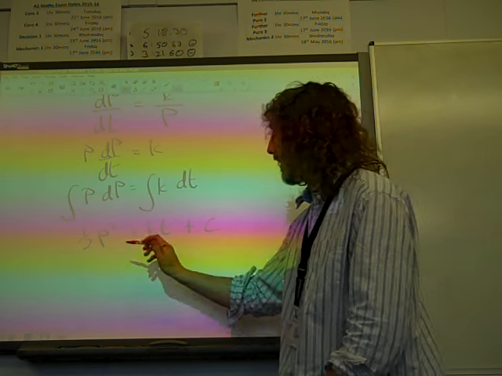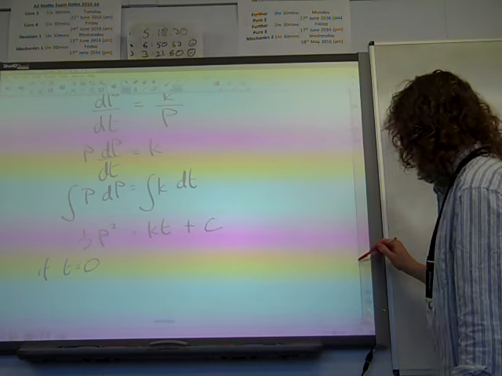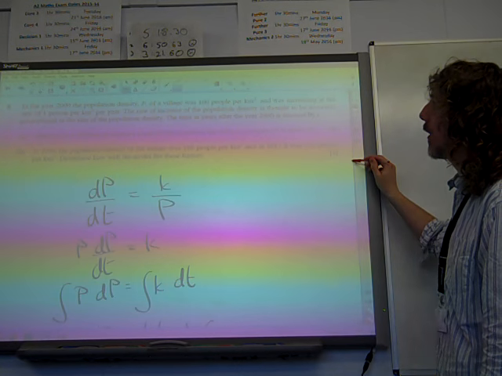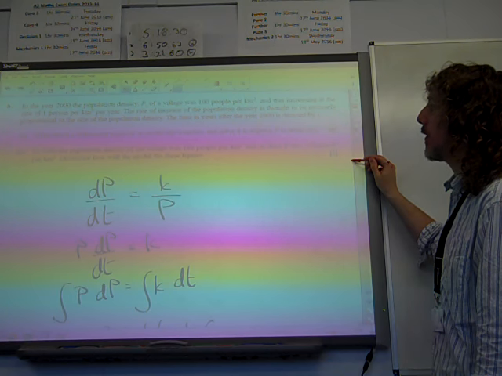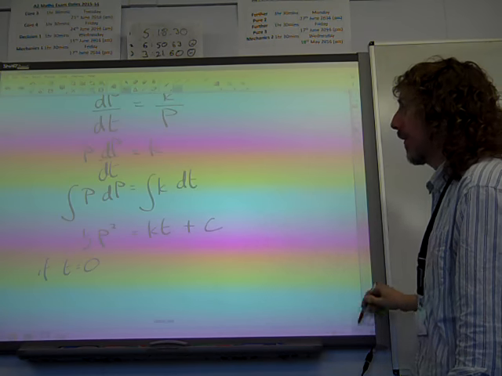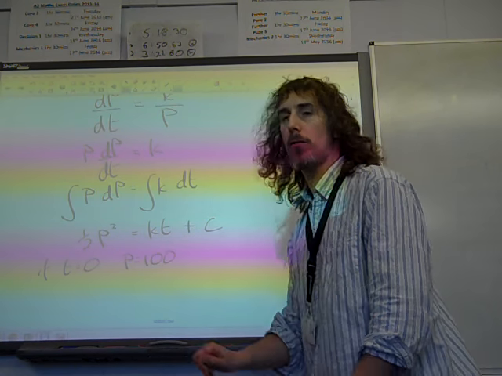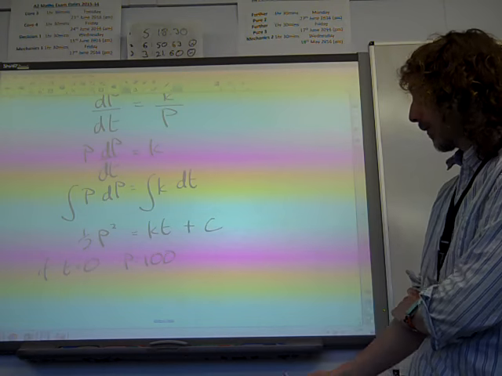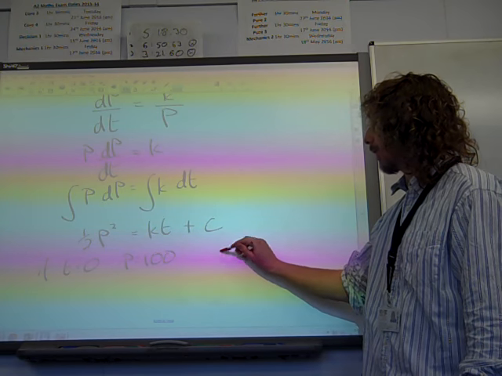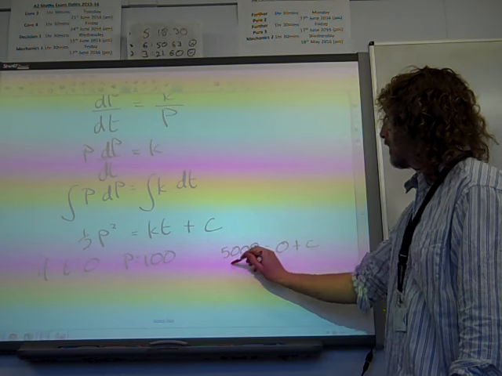We've been told that when t is 0, then p is, in the year 2000, the population density of the village was 100. So when t is 0, p is 100. And that gives us a half times p squared, so 5,000 is equal to 0 plus c, so c is 5,000.